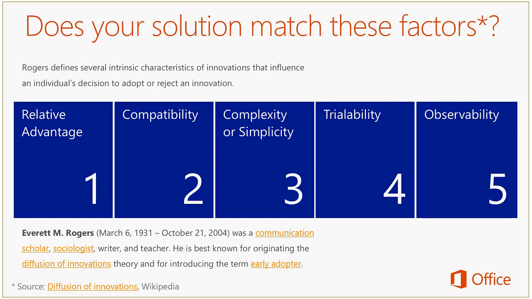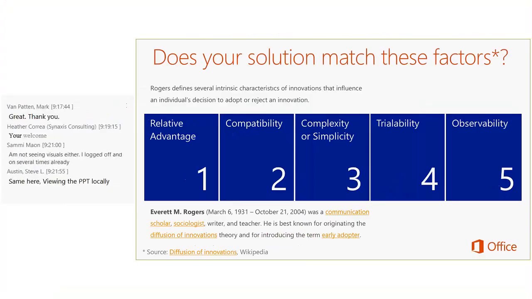I was not familiar with his name, but he's the father of the term early adopters. He's a sociologist, writer, teacher, and scholar. He spent his career working on the diffusion of innovations, the concept of early adopters, how people learn about technologies, and how technologies or innovations more largely spread across people.